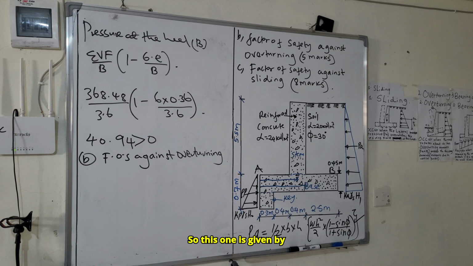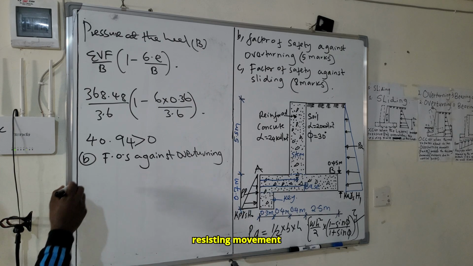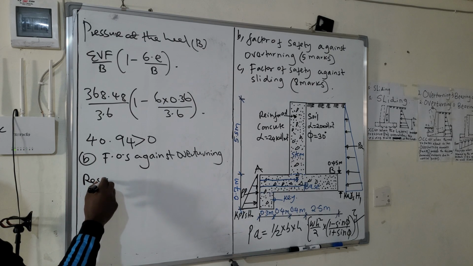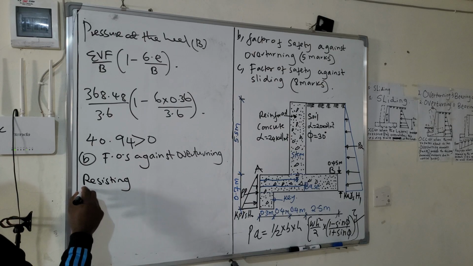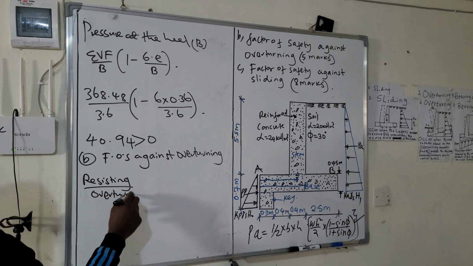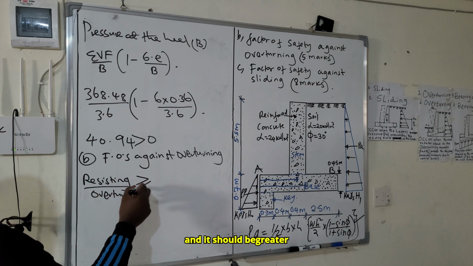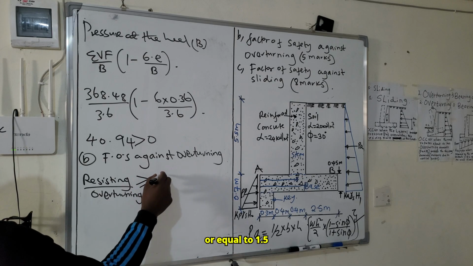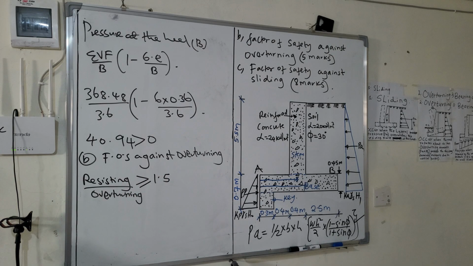So this one is given by resisting moment all over overturning moment, and it should be greater than or equal to 1.5.